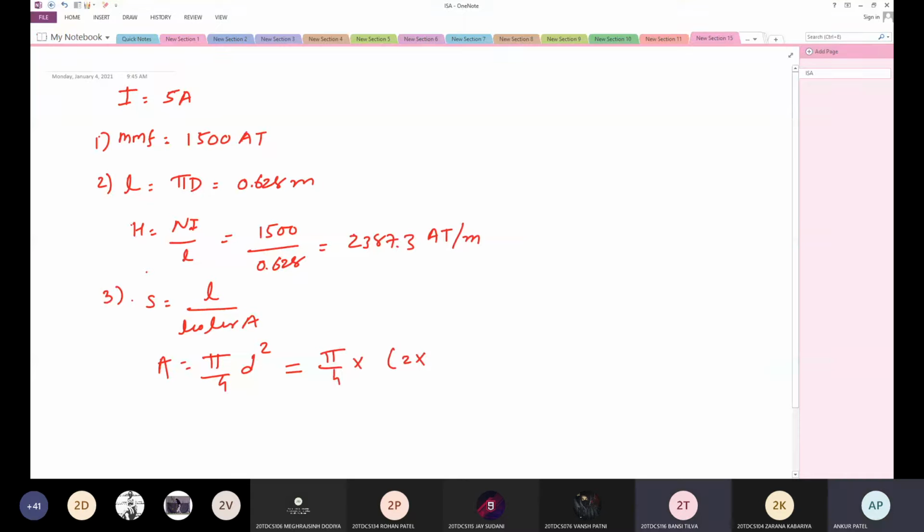Suppose I am keeping it as pi into 10 raised to minus 4 meter square.